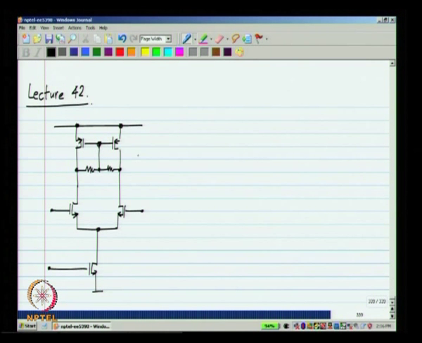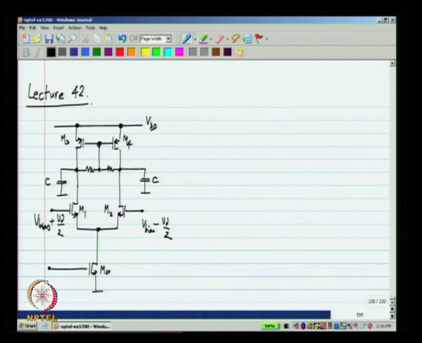This part is the transconductor, and when loaded by capacitors, it becomes an op amp. The two resistors are the common mode feedback detector.